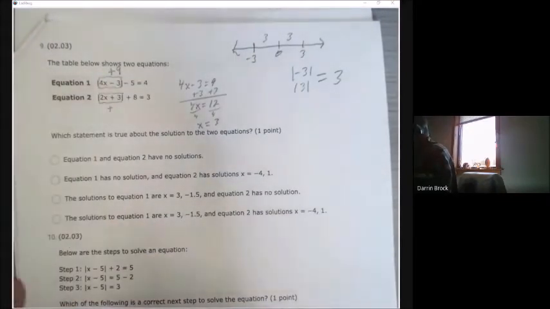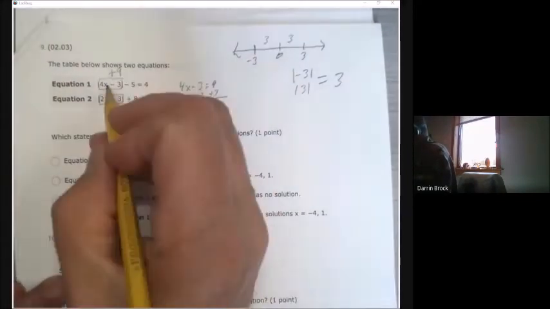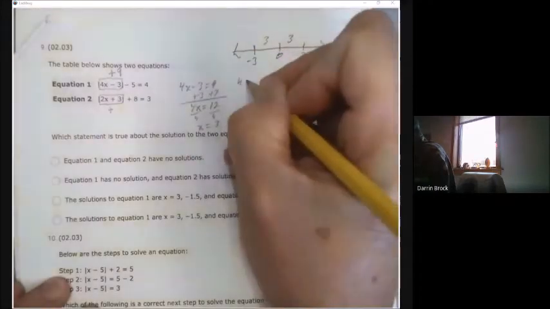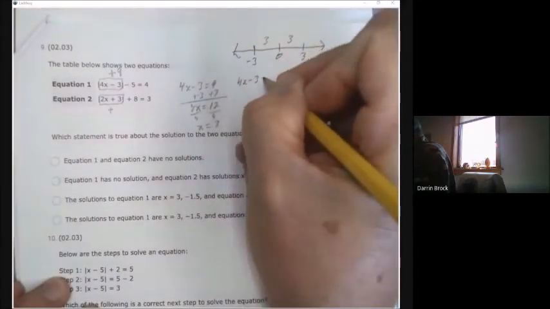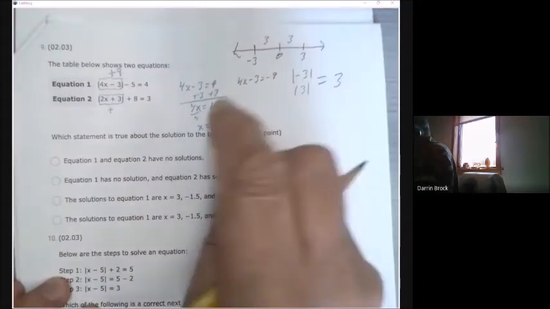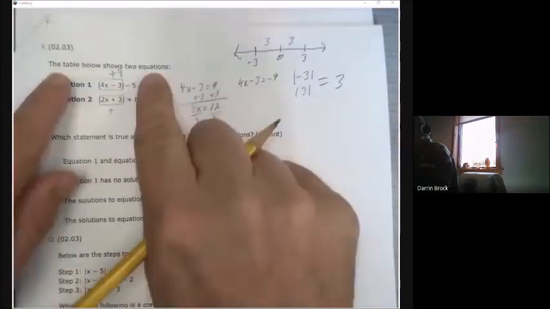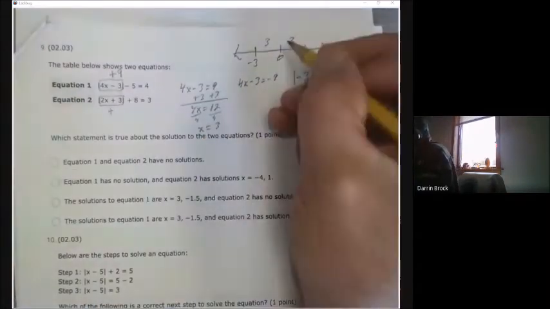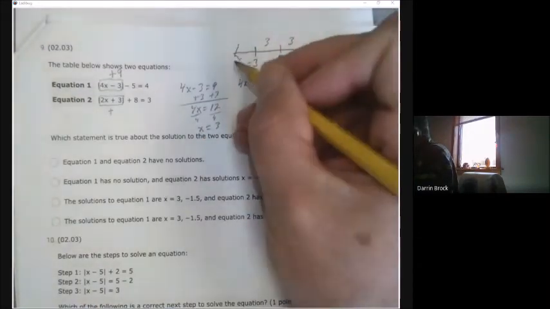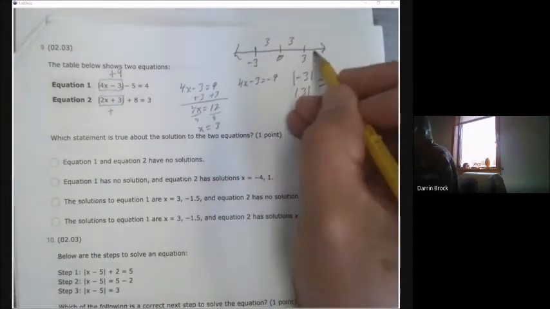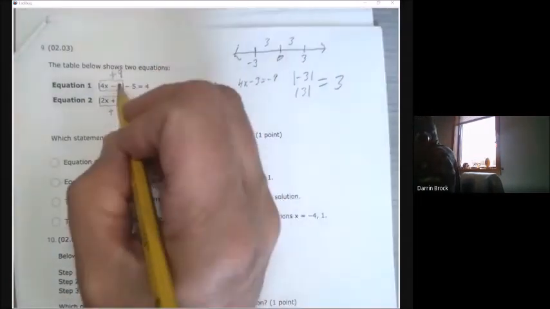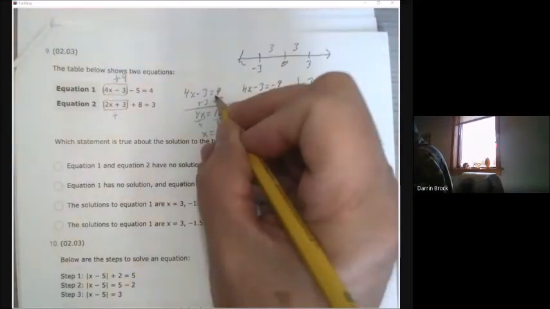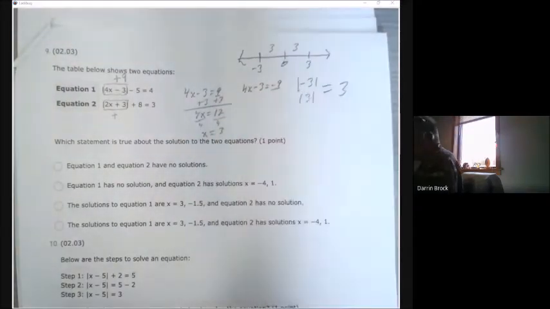But there's another possibility. Inside there, 4x minus 3 could equal -9. Because the absolute value of -9 is also a positive 9, because that's 9 away from 0 this way, where the other one was 9 away that way. So whatever's inside there just has to equal a positive 9 when it comes out, which means that expression inside could be a positive 9 or it could be a -9.